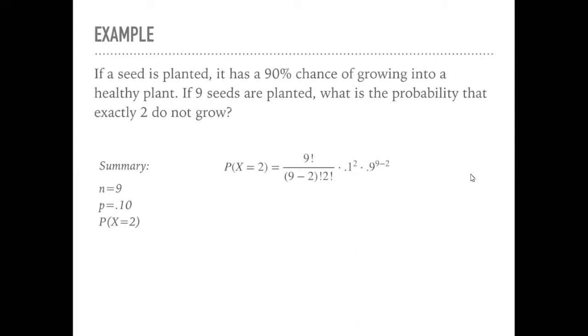So we have our formula. We could plug it into our formula if we wanted to, or we could just use the calculator. Either way that you go about it, you should end up with P of x equals 2 is equal to about 0.172.